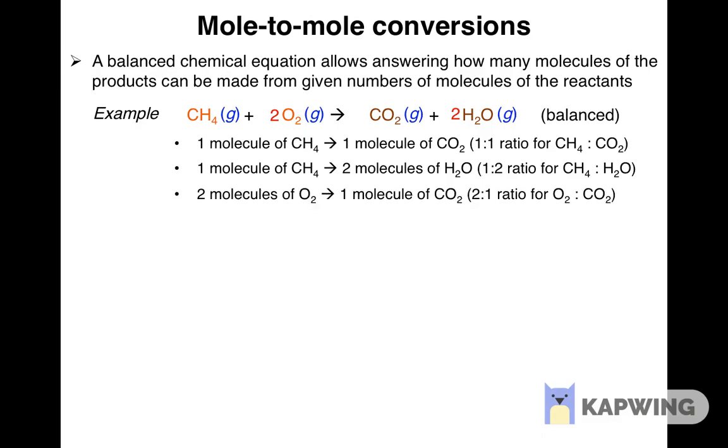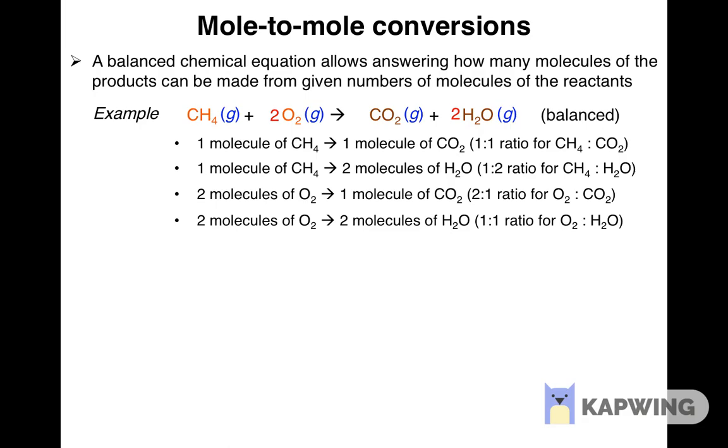We could also say that there would be 1 carbon dioxide molecule made per 2 oxygen molecules used, a 2-to-1 ratio of the number of oxygen molecules to carbon dioxide molecules, and that there would be 2 water molecules made per 2 oxygen molecules used, a 2-to-2, which is the same as a 1-to-1 ratio of oxygen molecules to water molecules.